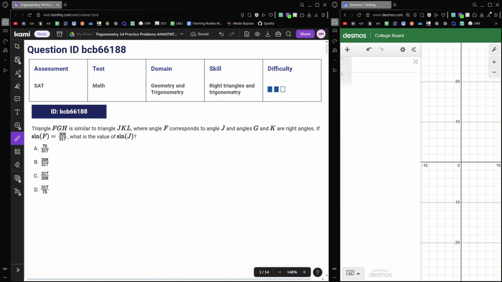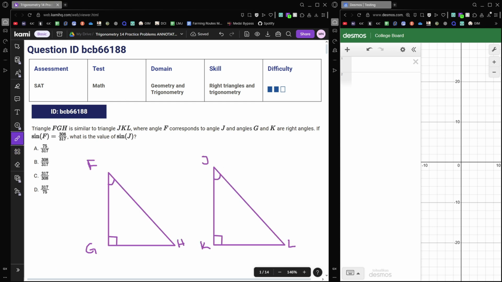Triangle FGH is similar to triangle JKL, where angle F corresponds to angle J, and angles G and K are right angles. Alright, so I went ahead and drew the two triangles. We know that angle G and K are 90-degree angles, and since angle F corresponds to angle J, that means they have the same measure.